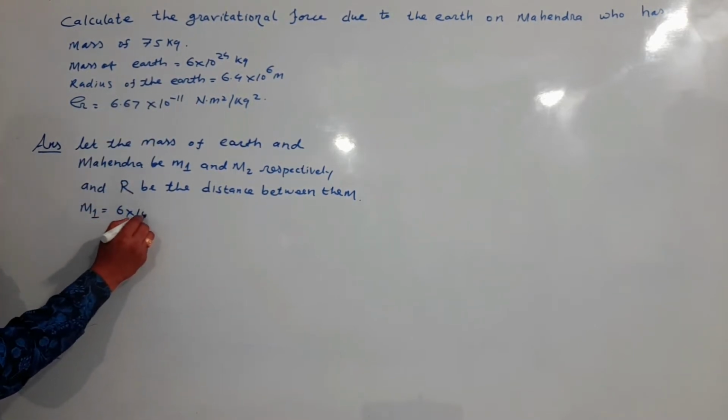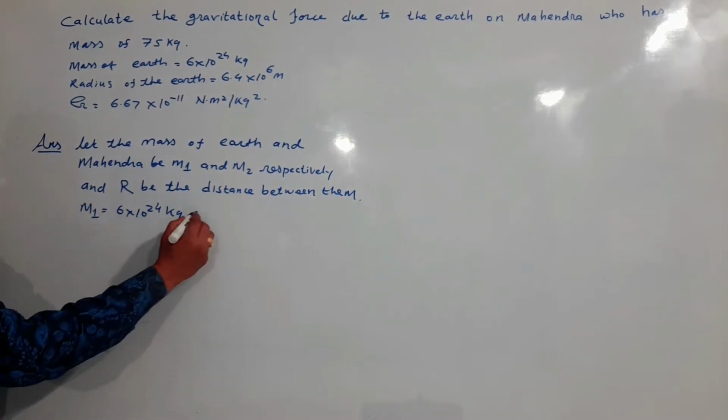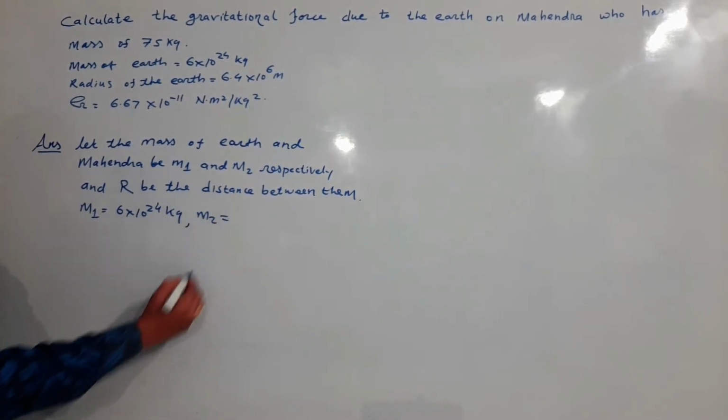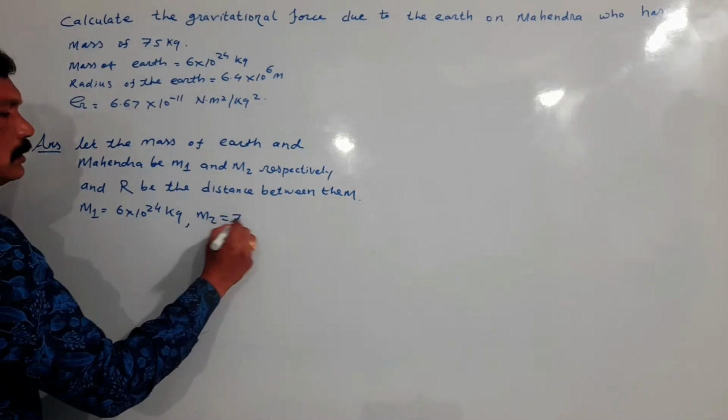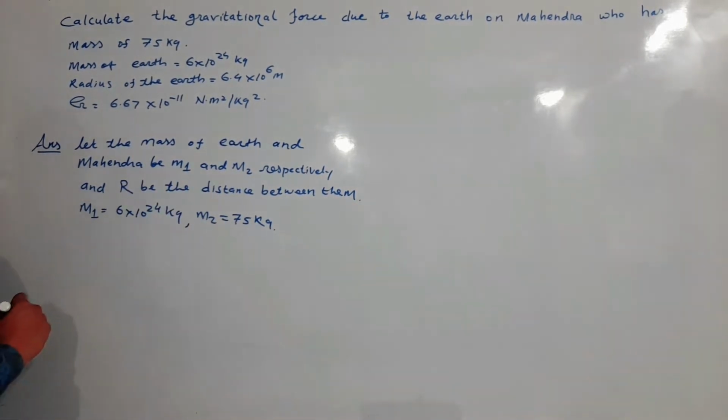M1 is equal to 6 into 10 to the power 24 kg, which is given to us. M2 is equal to 75 kg, which is given to us.